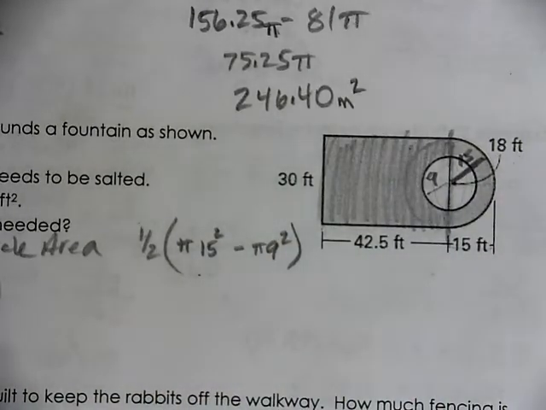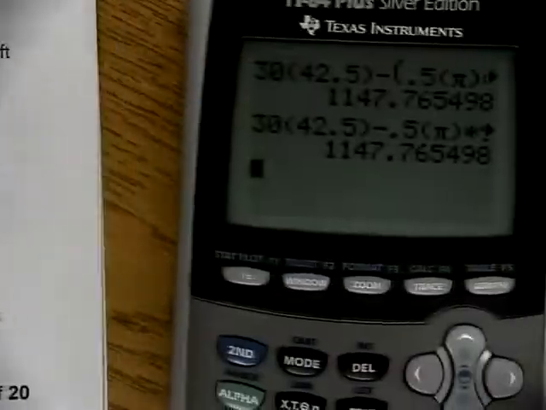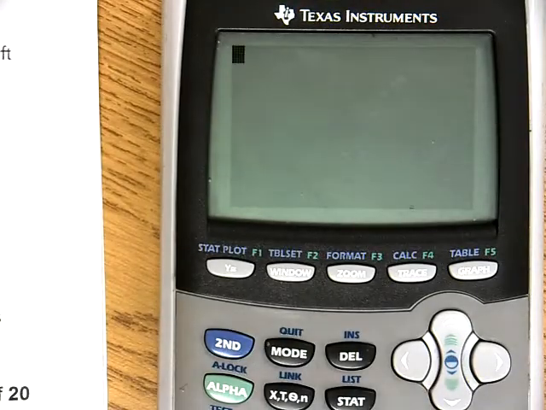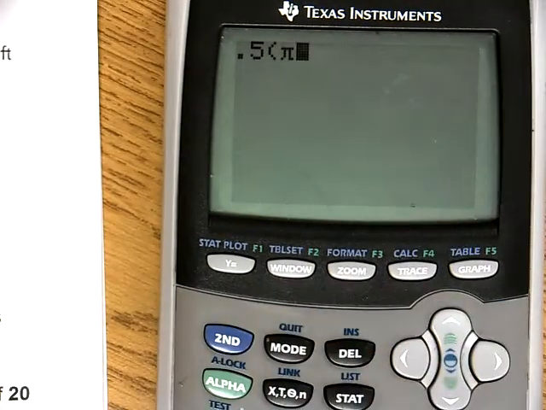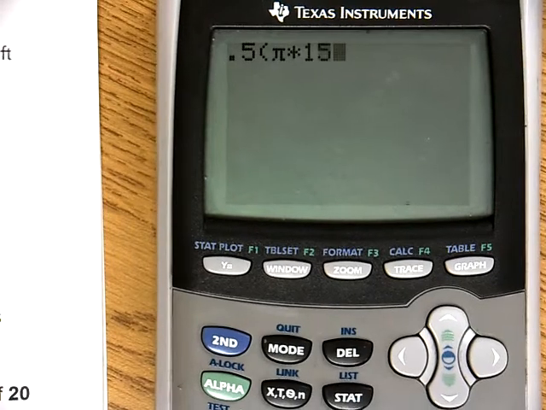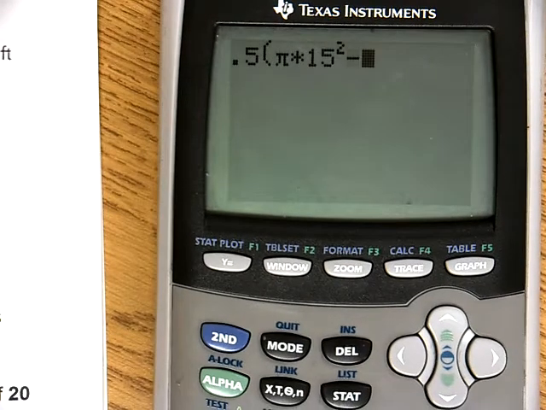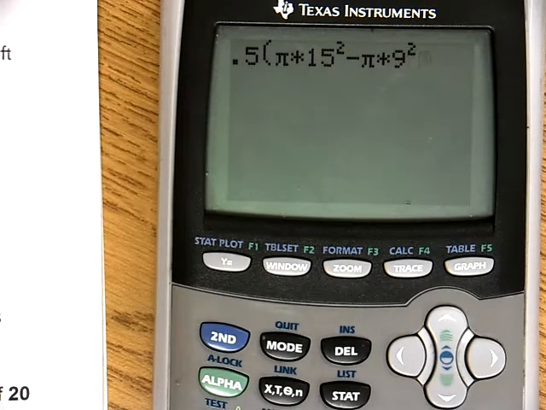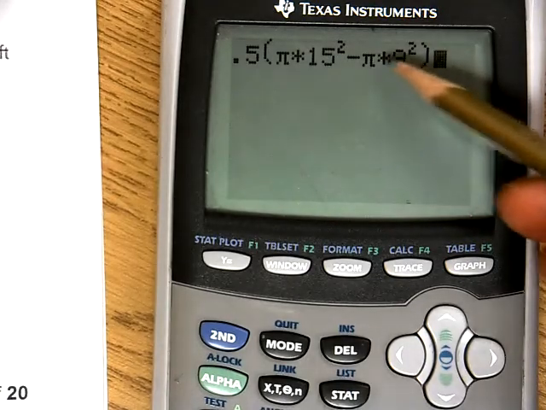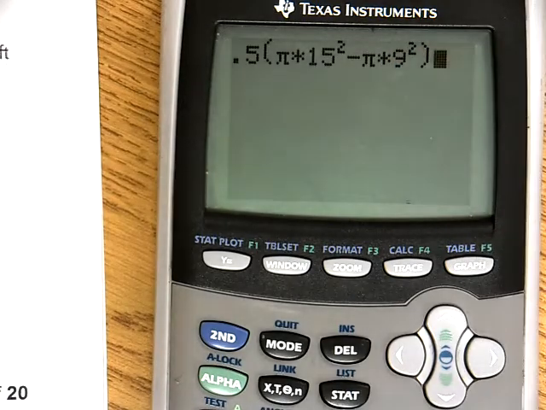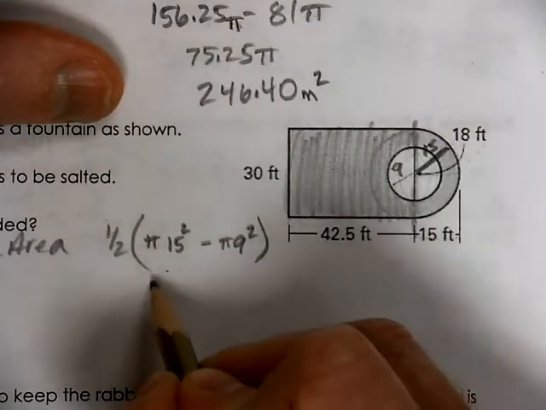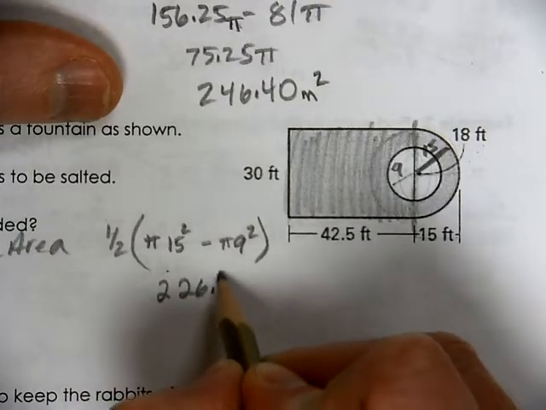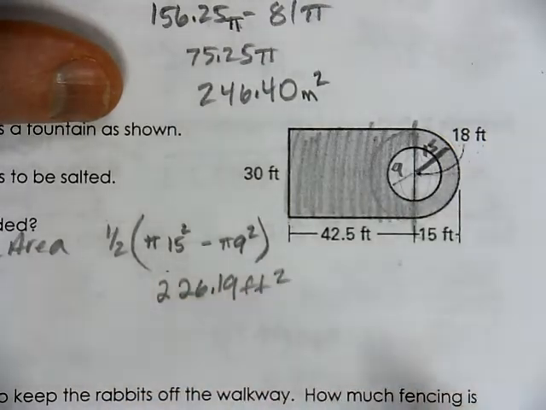We only want half that amount. So we're going to take 0.5, take half of pi times 15 squared minus pi times 9 squared. And again, we don't have to worry about how we're subtracting this because it's multiplication. We get 226.19, and these are feet squared, or square feet.